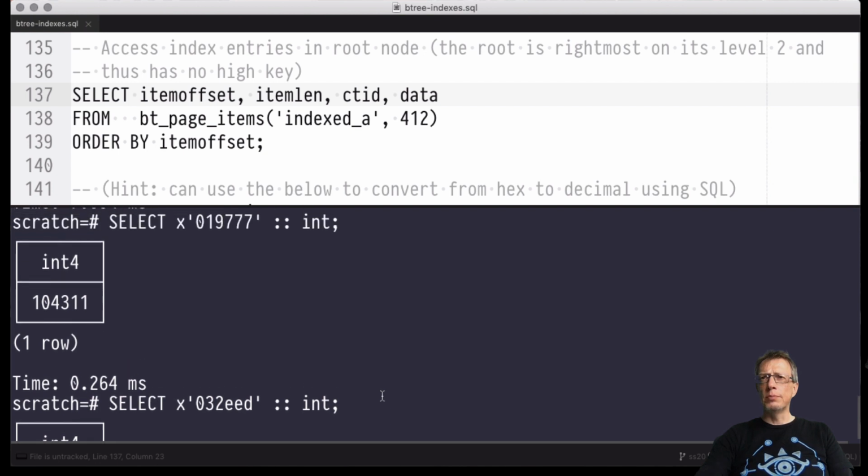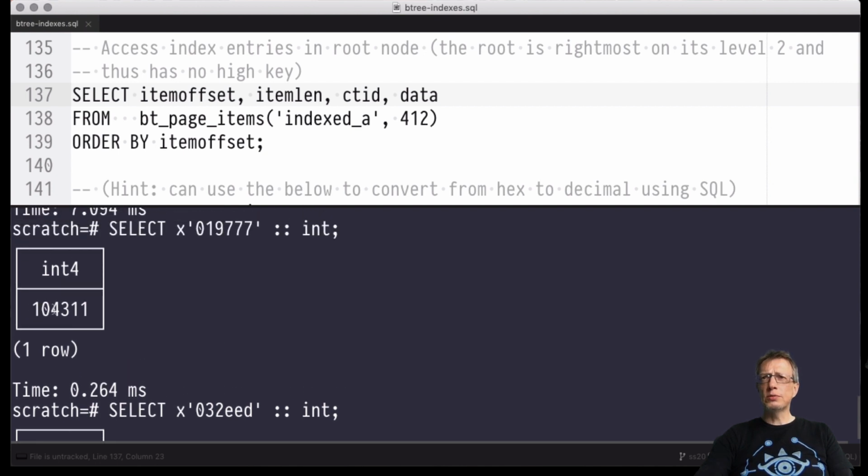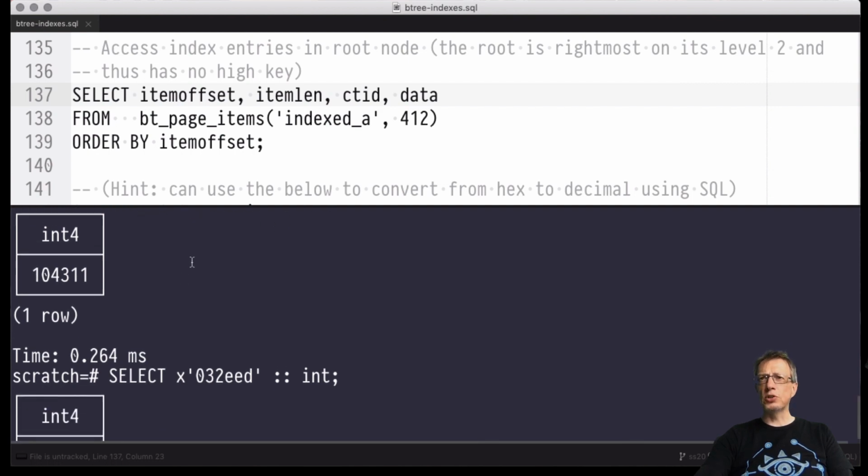So this is a separator that separates the values in the subtree pointed to by P0 from those pointed to by this first index entry.